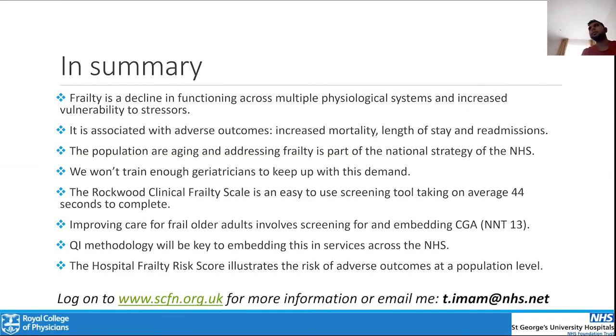So in summary, frailty is a decline in functioning across multiple physiological systems. And we've talked about that increased vulnerability and the different ways of describing it.